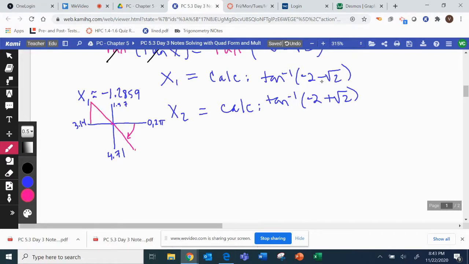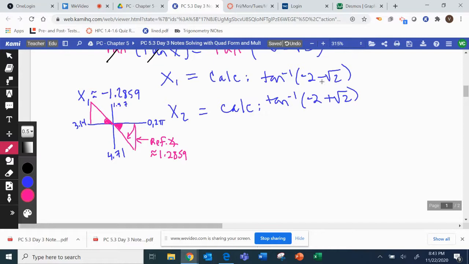So we've got two places where tangent is negative from 0 to 2 pi, and my calculator gives me the restricted answer, -1.2859. So that means my reference angle is positive 1.2859.